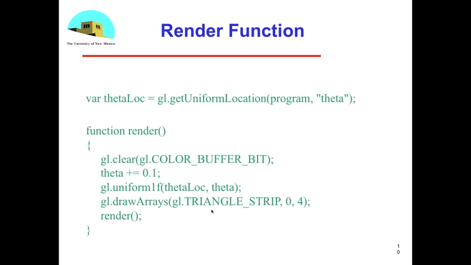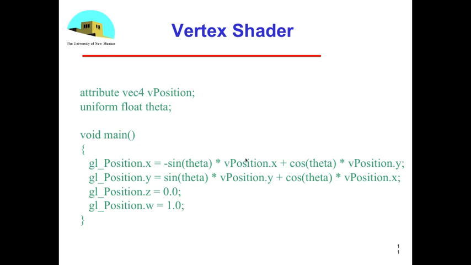Okay, well, let's look at the vertex shader before we get to what's the problem here in this little render function. So here's a real simple vertex shader. It says we have attributes again, which are the 4 vertex positions which have been sent in. I say that theta here is a uniform float, and now I compute new positions from the original positions, v position.